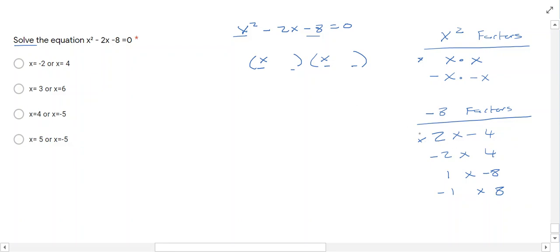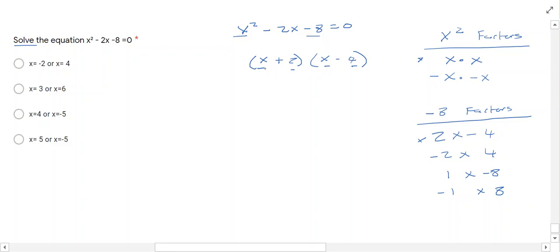So we'll go with this first one. This is plus 2, since 2 multiplied by minus 1 is a positive integer, so it's plus 2. And the other side is minus 4. On the right hand side you put the numbers that are factors of minus 8. Then we try this out.